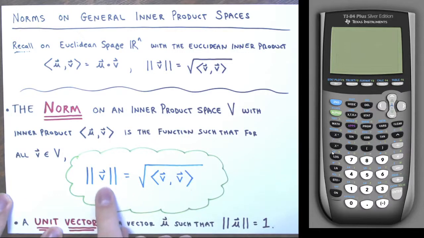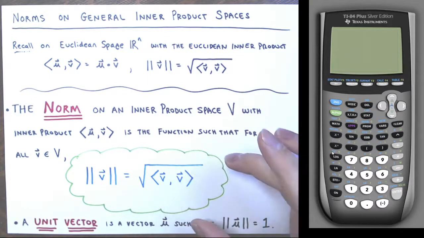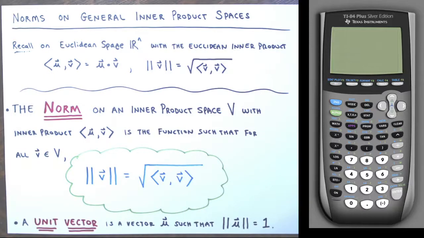Or you could say the norm of v squared is the inner product of the vector with itself, if you just square both sides. So this is how the norm of a vector will be defined for any inner product space.